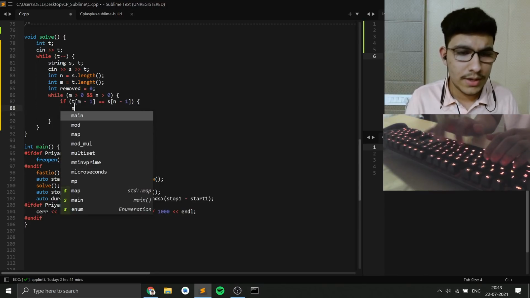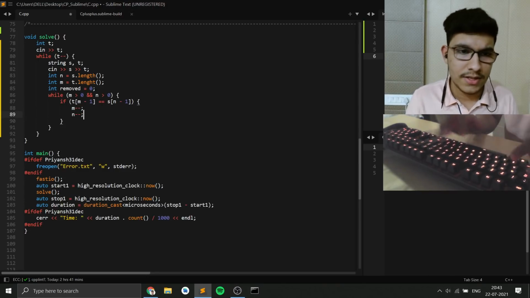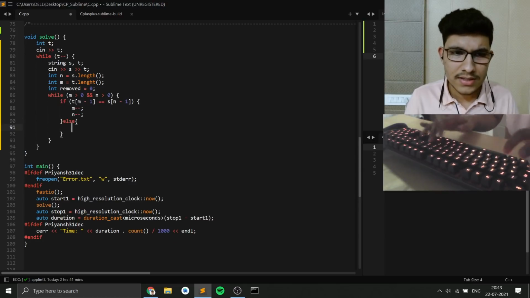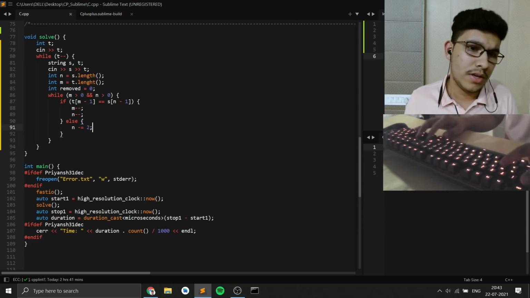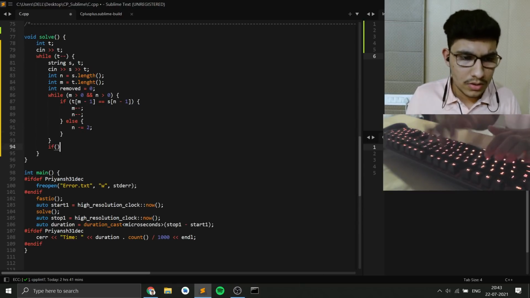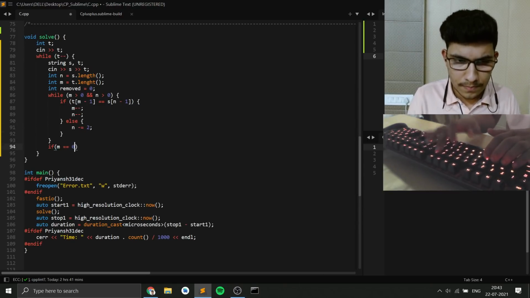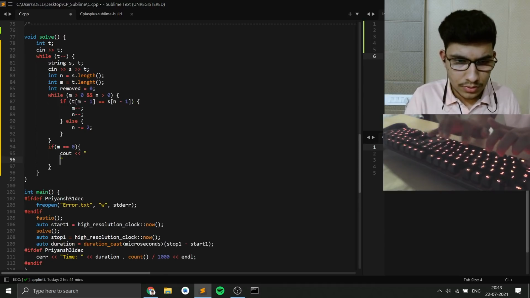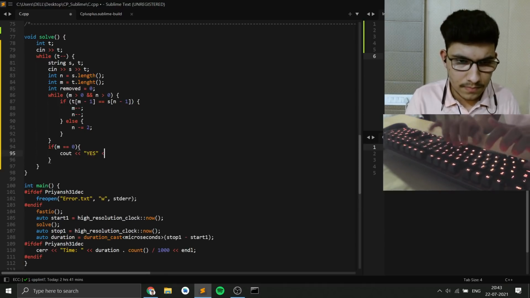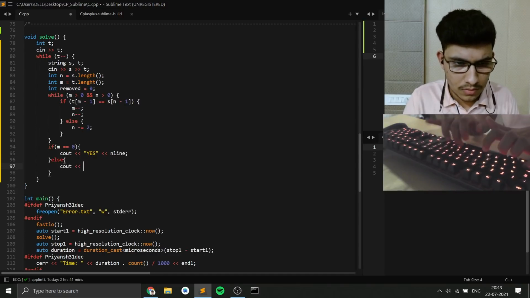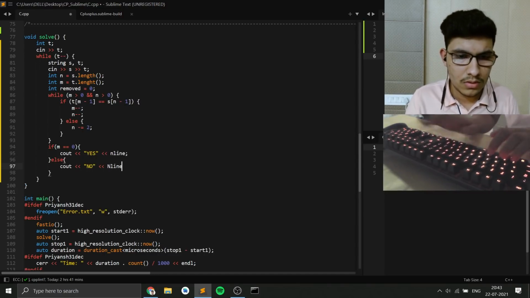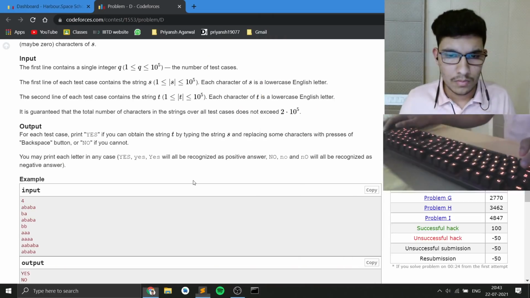So what I do is m minus minus, n minus minus. Else, m will remain the same and I'll just do n minus equals 2. So if m equals 0, I'll just print yes, else I print no.